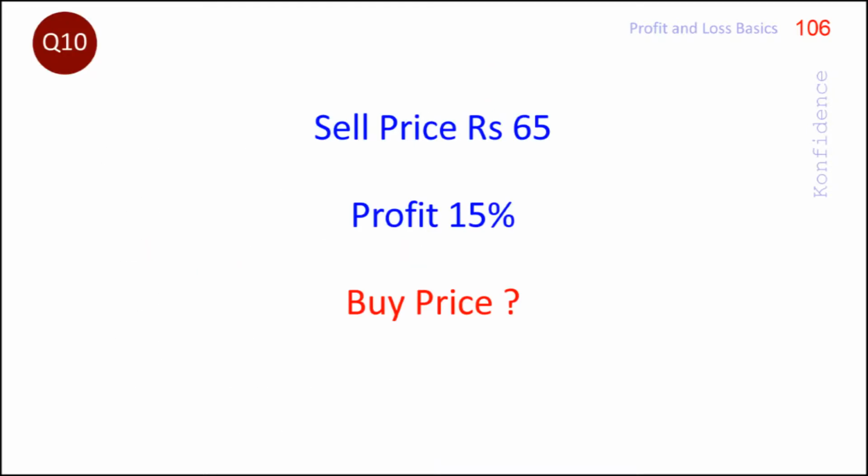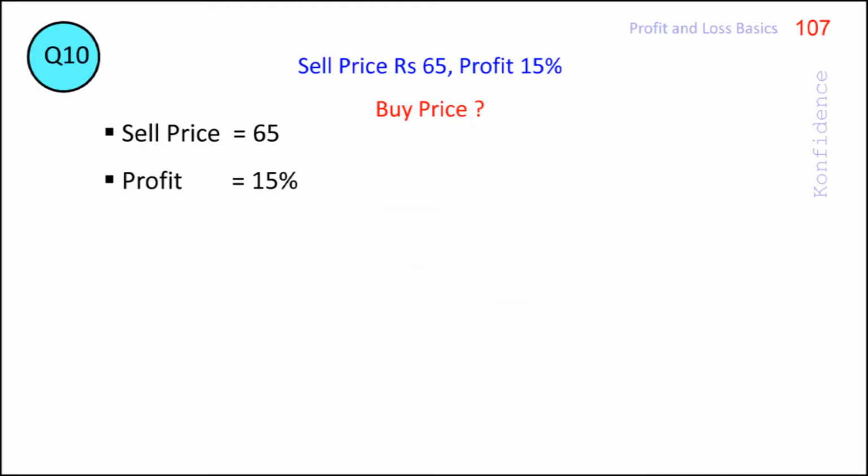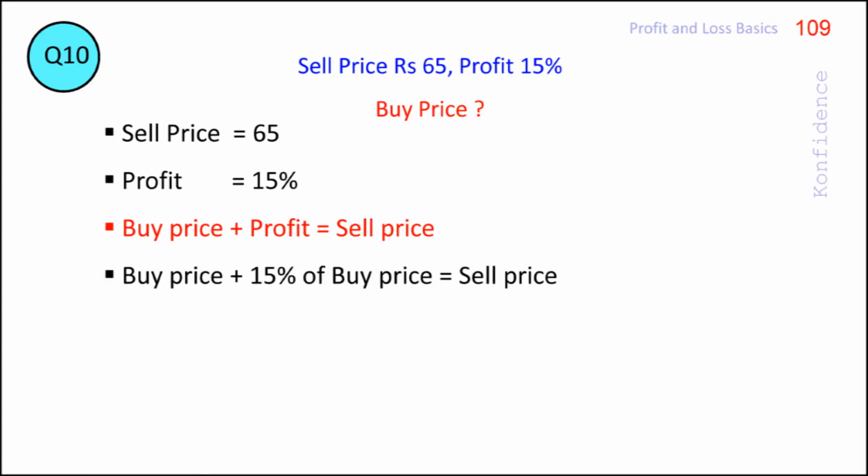We know buy price plus profit is equal to sell price. Here, profit is given in percentage terms. Therefore, we know buy price plus 15% of buy price is equal to sell price. 1.15 times buy price will be equal to sell price.